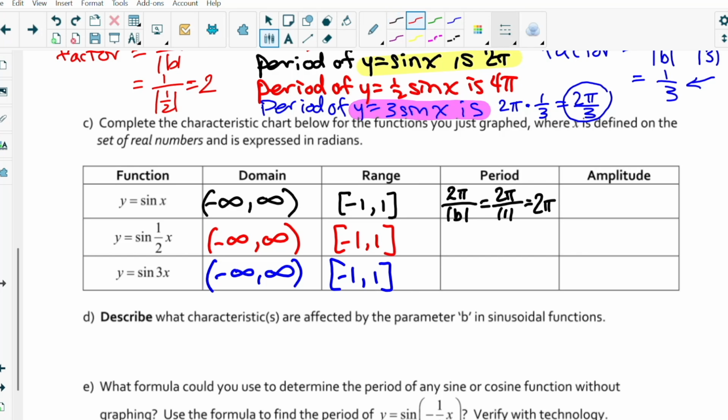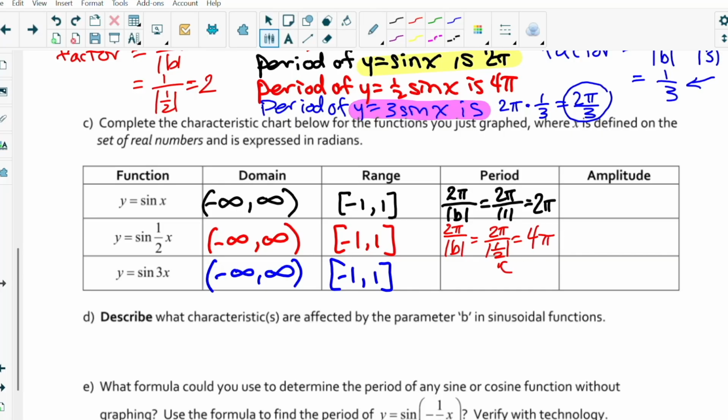What about the function y equals sine of 1/2 x? Same formula, 2 pi over the absolute value of b. Absolute value of b is 1/2, and that equals 4 pi.